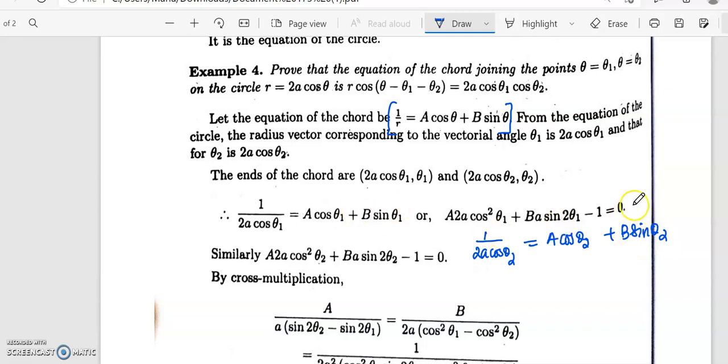Now we have these two equations, 1 and 2. For solving a and b we will use the cross multiplication method.